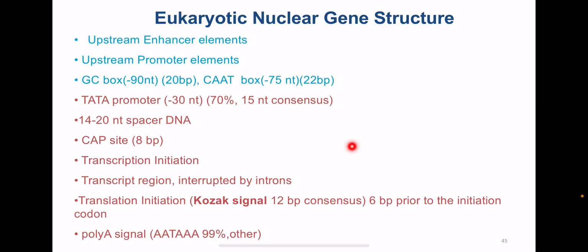I'm not sure you will remember, but that's how the translation machinery is assembled, okay. So the mRNA will be fixed on the small subunit of the ribosome, and the region on the mRNA that the ribosome recognizes is called the Kozak signal or Kozak sequence, okay. In prokaryotes it's called a Shine-Dalgarno sequence.